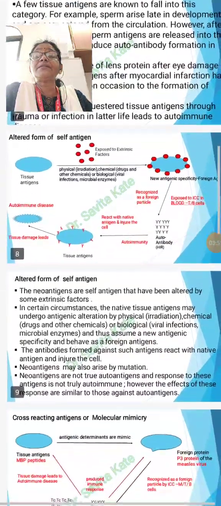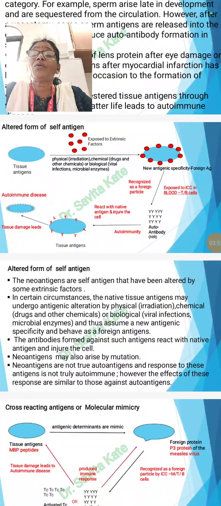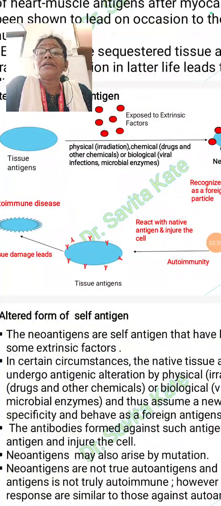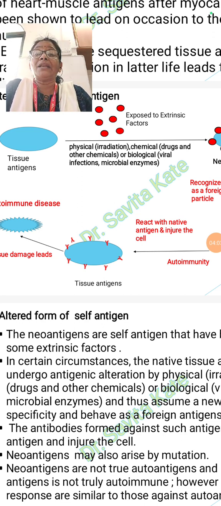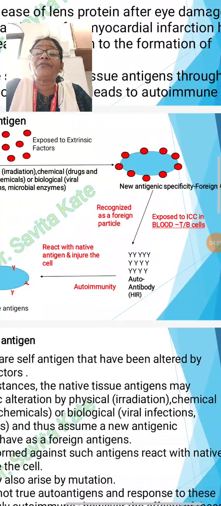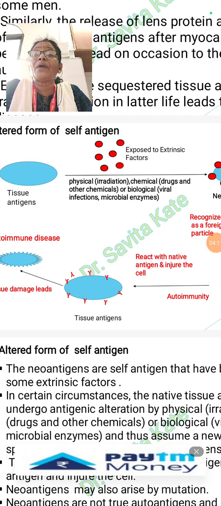Now the next mechanism, that is the altered form of self antigen. See here, this is our normal tissue, but once this normal tissue is exposed to a physical, chemical or biological agent, the tissue proteins are modified. Before exposure, this tissue antigen is like this.